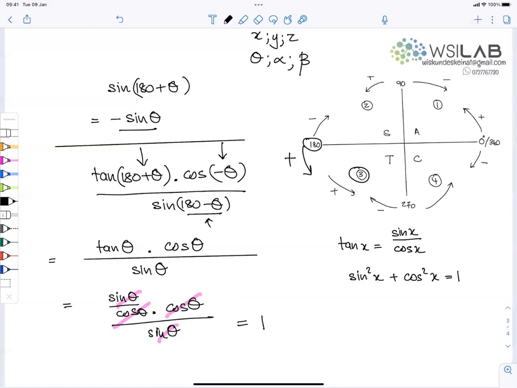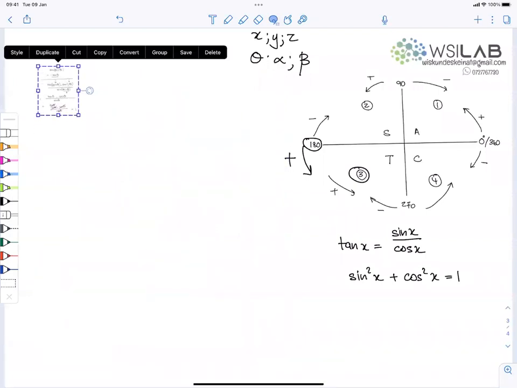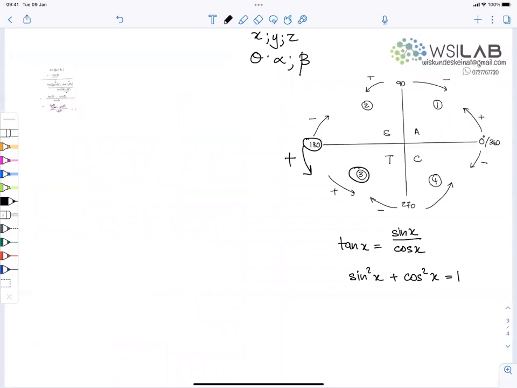Okay, I got it. Good. Let's make this kind of small. So now I can actually mix them up.